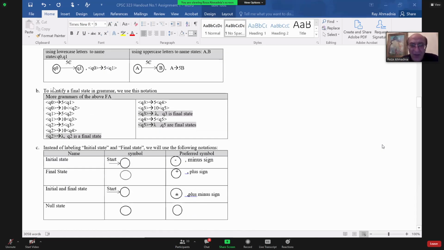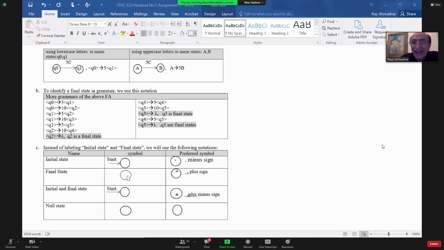Okay, now the difference between these two books. If you have an initial state, one book is using this symbol. The other book is using this symbol here, a circle with a minus in the middle. If it is a final state, one book is using this one here.